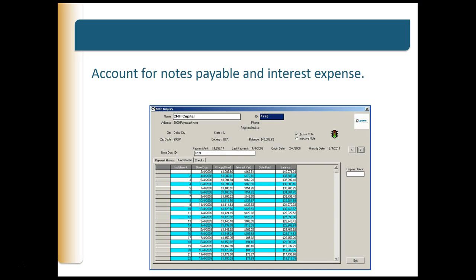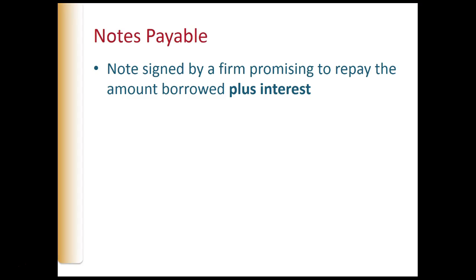So now we're going to look at accounting for notes payable and the applicable interest expense. In a previous chapter, we saw how companies account for notes receivable. Here we discuss the flip side, notes payable.